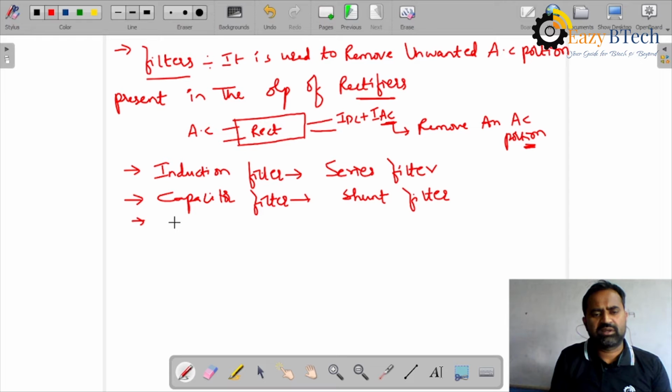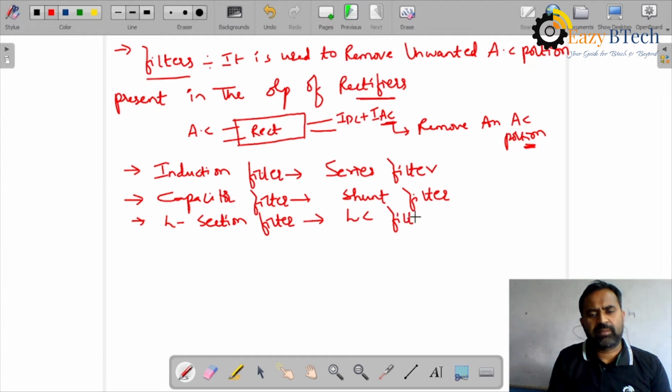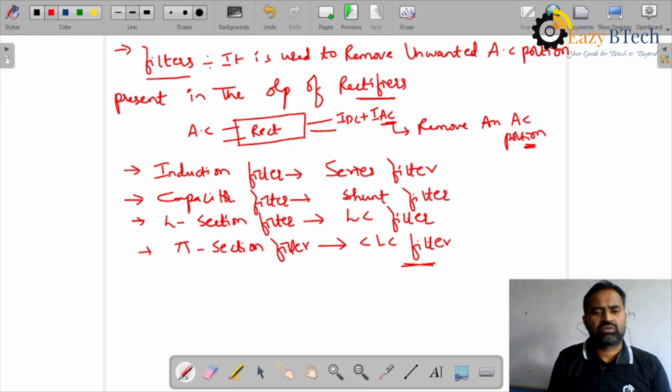Next, the L section filter, which we'll call an LC filter. Next, the pi section filter, which we'll call a CLC filter. These are the filters we are using here.